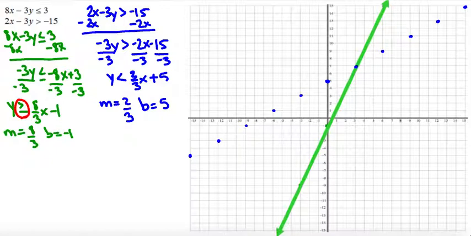Alright, and then my inequality symbol here is less than, so I know that no solutions will be on that line, so it's a dashed line.